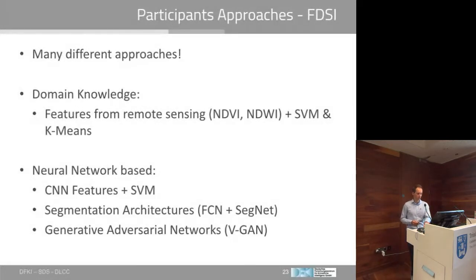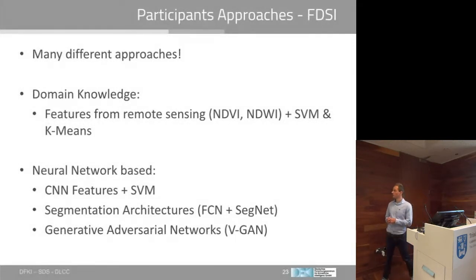So for the second task, it's also quite diverse. However, one trend you can see here is that most of the approaches are based on neural networks. One paper, for example, used generative adversarial learning. Others used segmentation networks and adapted them to satellite imagery to cope with the additional bands in these satellite data. Others used a patch-based approach, where they extracted features and then trained a support vector machine on top of it.